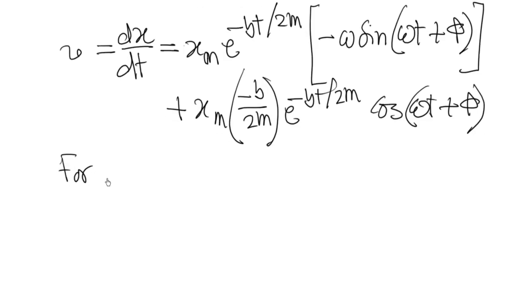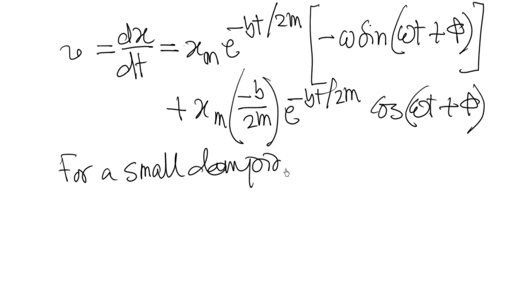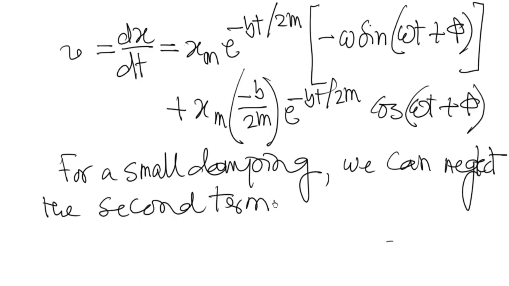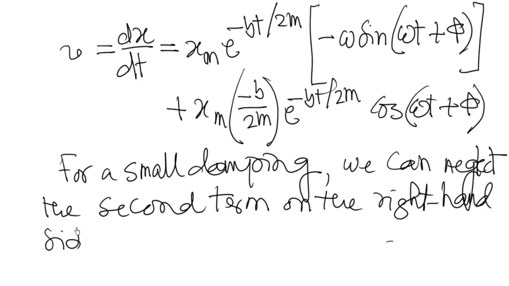For a small damping, we can neglect the second term on the right hand side compared to the first term.